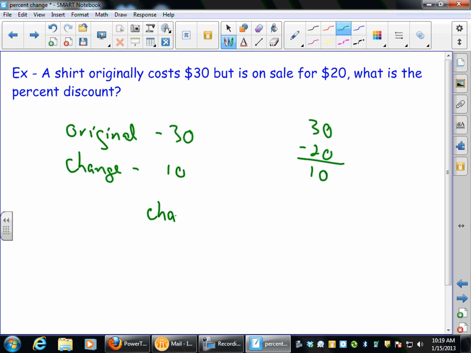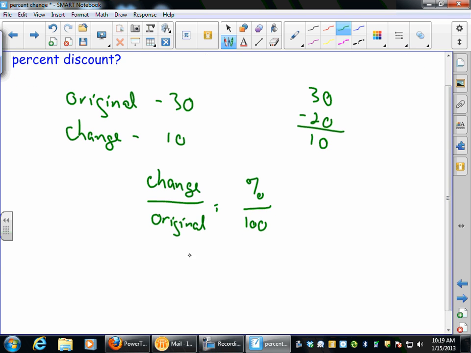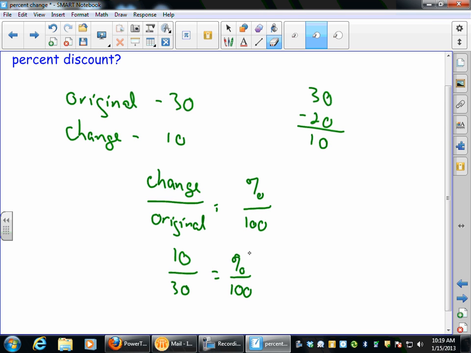Now that I have those, I can set up my proportion. It was the amount of change over the original amount is equal to the percent out of 100. Okay, so the change was 10. The original was 30. It's percent over 100. I don't know what the percent is. That's what I'm trying to find, so I'm going to replace that with a variable.